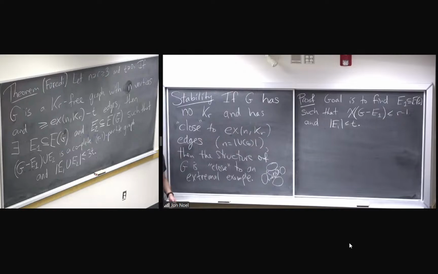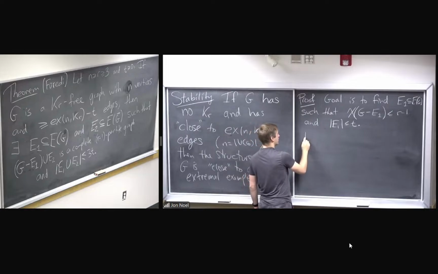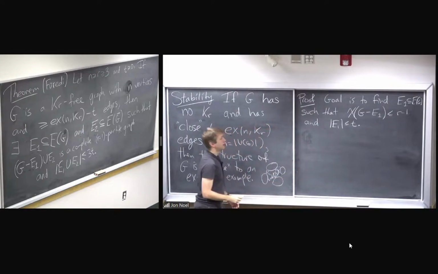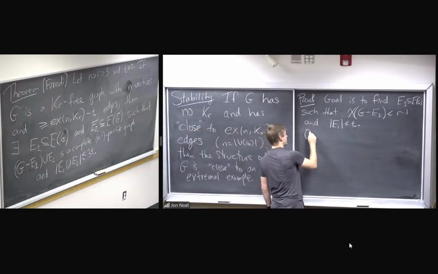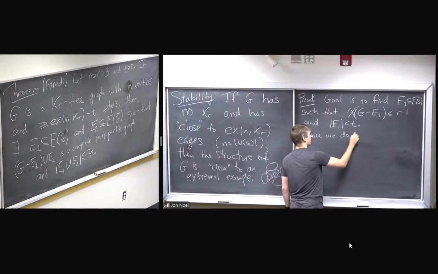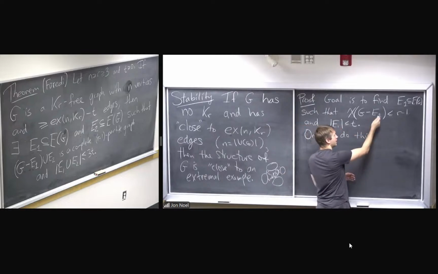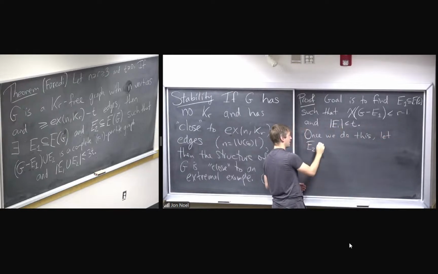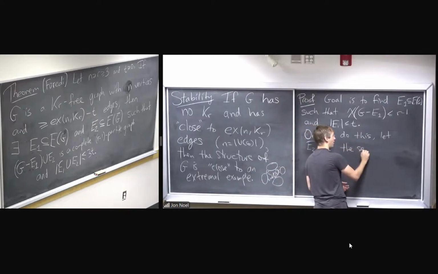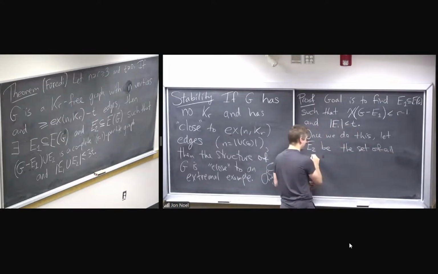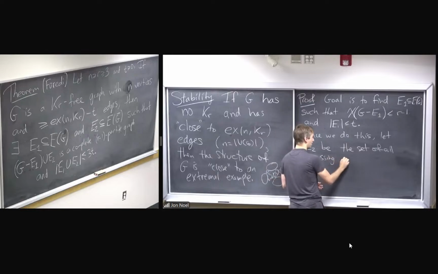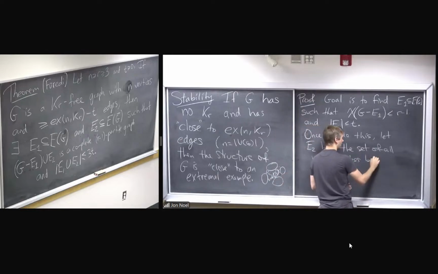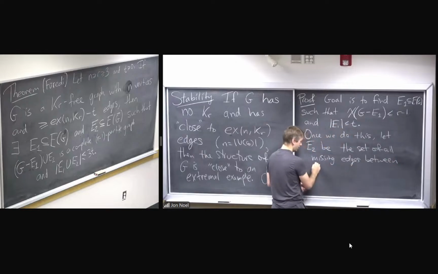Once we do this, if we can find this set that has those properties, let E2 be the set of all the missing edges between the color classes.